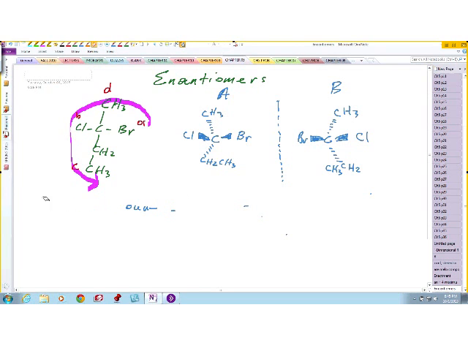We say compound A is S, paren, 2-bromo, then you name it as you normally name it, 2-bromo, 2-chloro, butane.